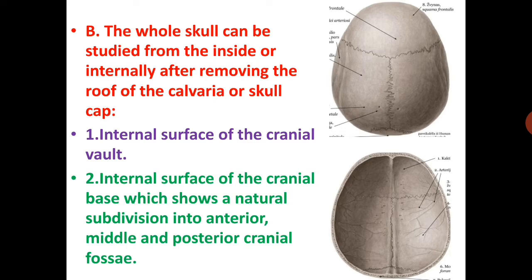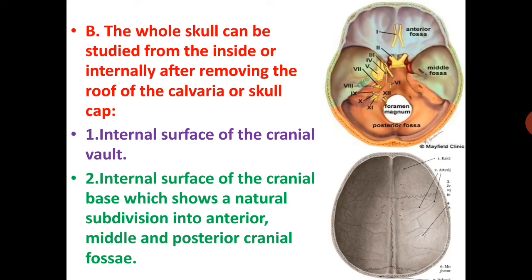The first image is a skull cap or calvaria, and this is the inner surface of the cranial vault. The internal surface after removing the brain shows like this, with three parts: anterior cranial fossa, middle cranial fossa and posterior cranial fossa.